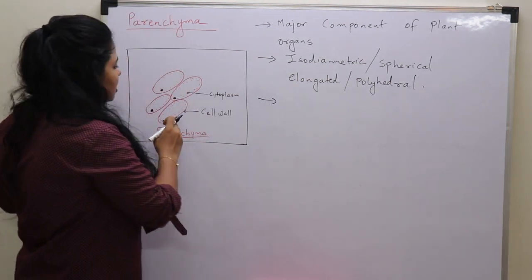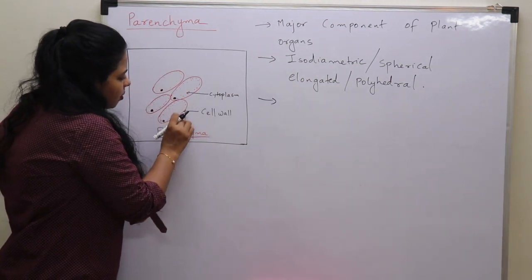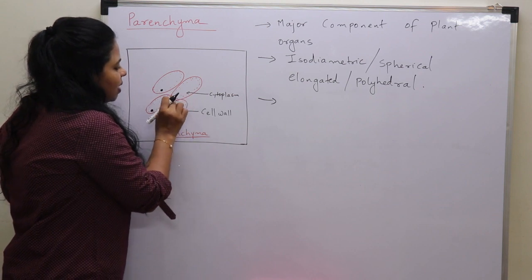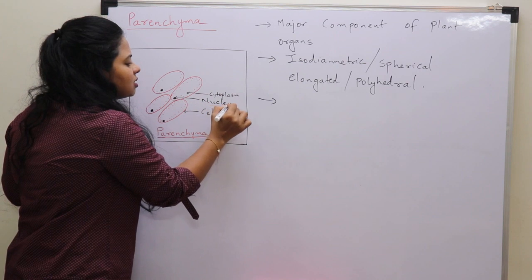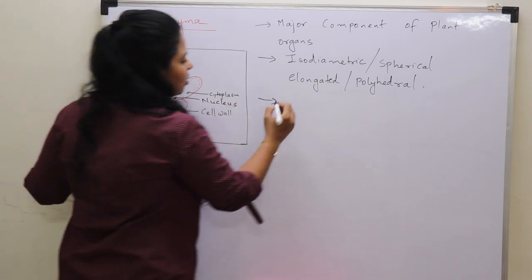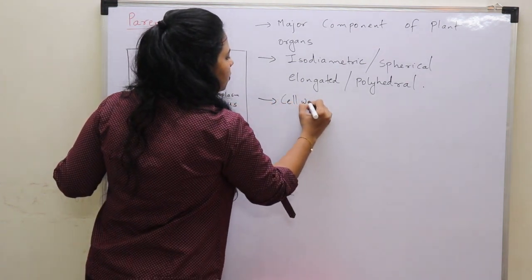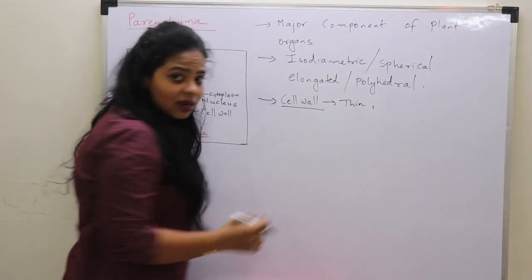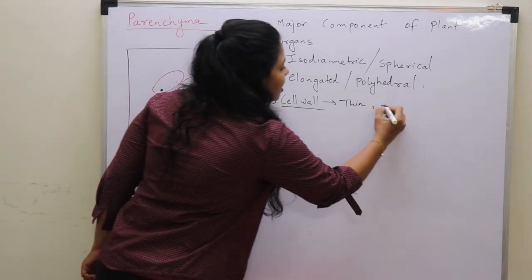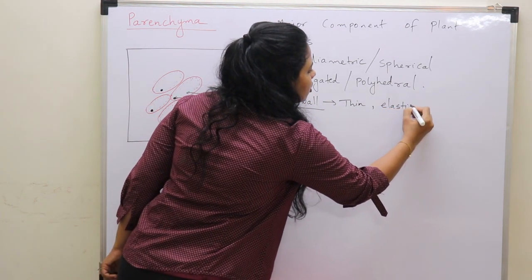Now, as you can see here, the cells are made up of cell wall, cytoplasm and distinct nucleus. Let us discuss the outermost part, that is cell wall. The cell wall is thin, it is elastic, and it is made up of cellulose.